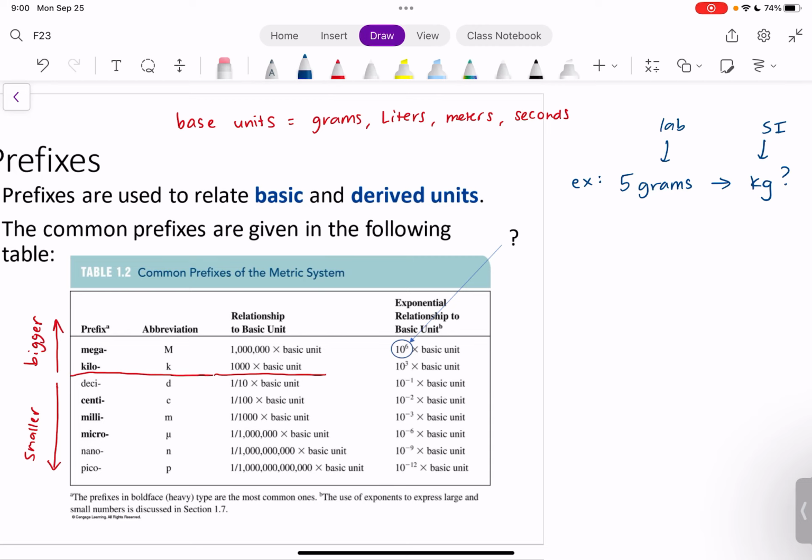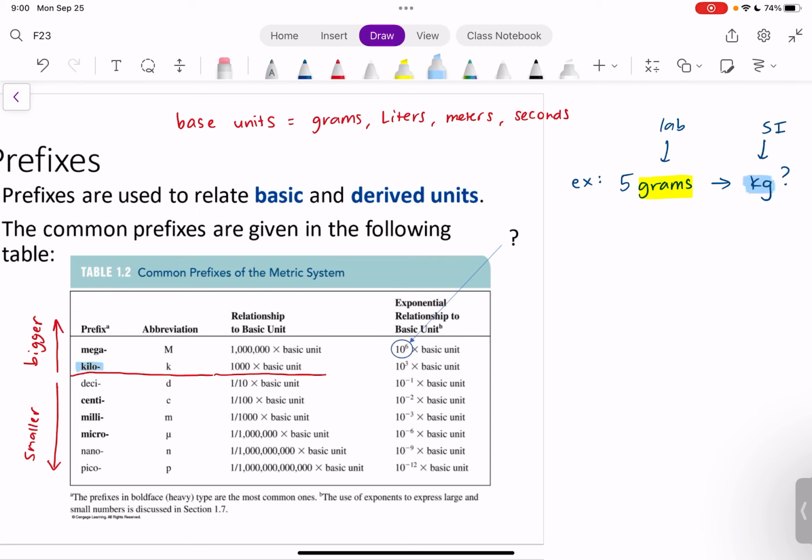So I want to convert from grams to kilograms. If I have 5 grams and I want to get to kilograms, grams is my base unit, so I'm going to highlight grams in yellow.